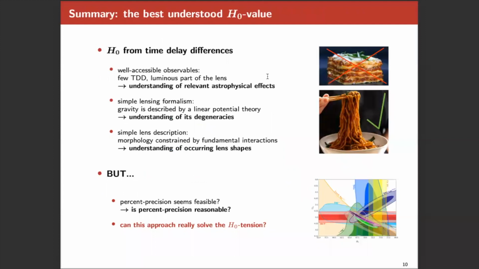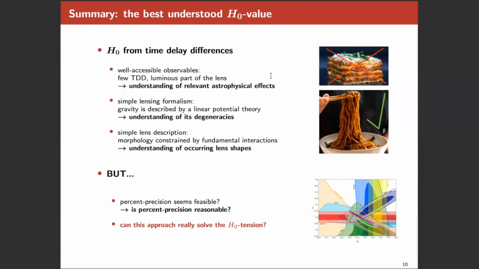So let me now summarize. If we want to get H0 from time delay differences, we have the advantages here that we have well accessible observables. It's just a few time delays. We have the luminous part of the lens. And so overall, we get a very good understanding of all the relevant astrophysical effects. In addition, we also have a very simple lensing formalism, and we understand all its degeneracies now in terms of physical interpretations.